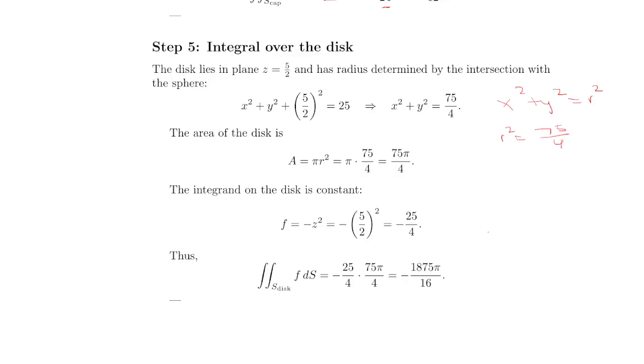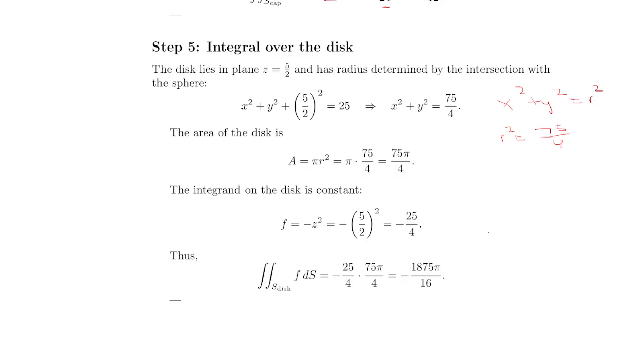So this is just a circle. It's like a two-dimensional circle that we're looking at. So we have pi times 75 over 4, which is 75 pi over 4. And now we can find what f is. F is negative z squared, which z we said is positive 5/2. So you have negative quantity 5/2 squared equals negative 25 over 4.